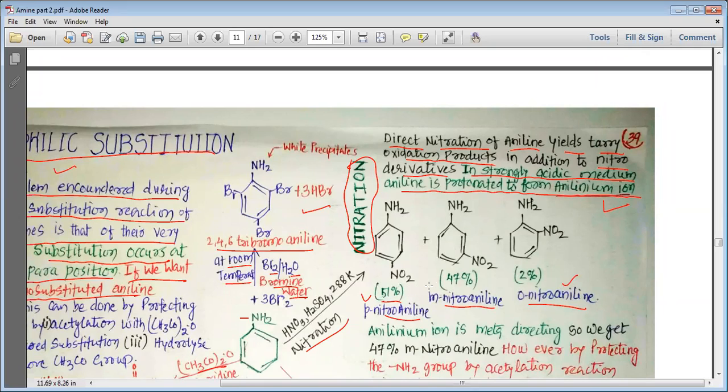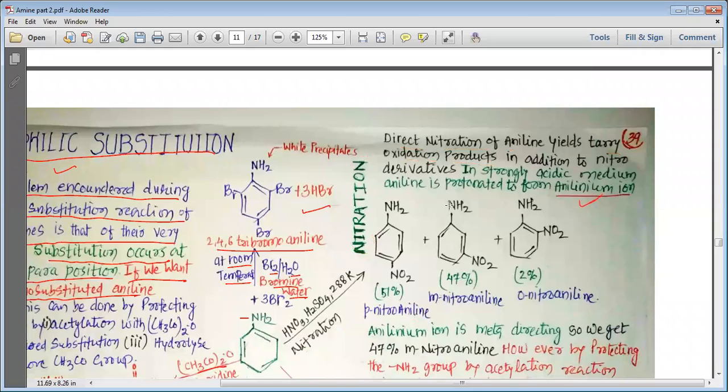But my dear students, apart from this, approximately 47% of meta-nitroaniline is also produced during these reactions. These kinds of products are considered side products, that means they are not the expected products. These products are formed because of the presence of the anilinium ion.